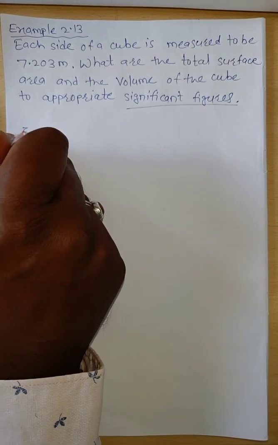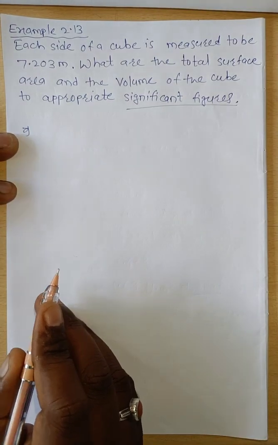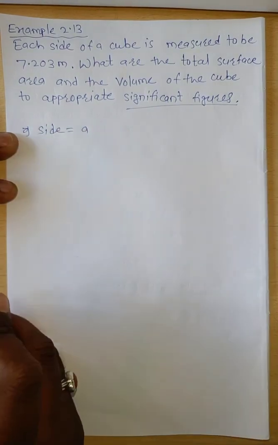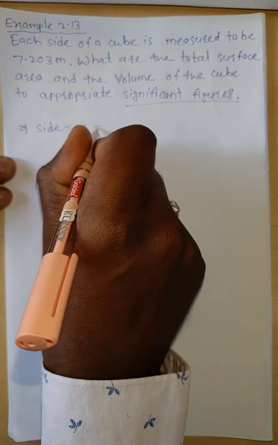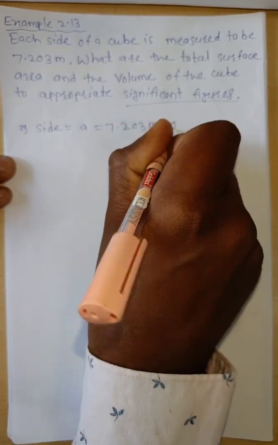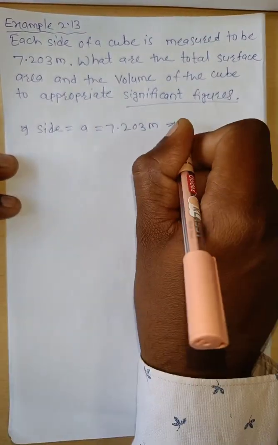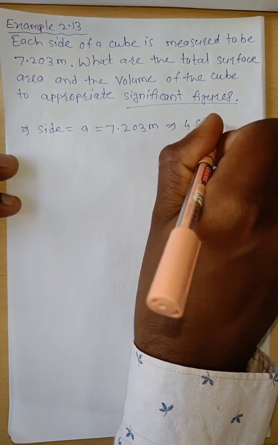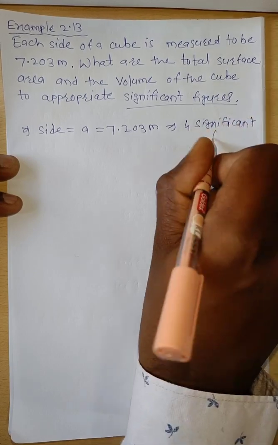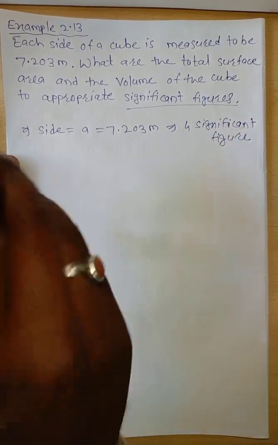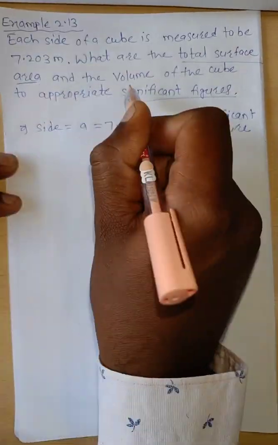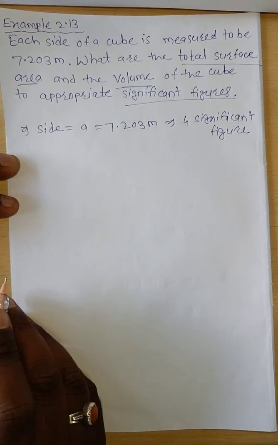In that case, what is given is the side of a cube, which is A equal to 7.203 meters. The side of the cube has four significant figures. We have to find out the total surface area and volume of the cube.